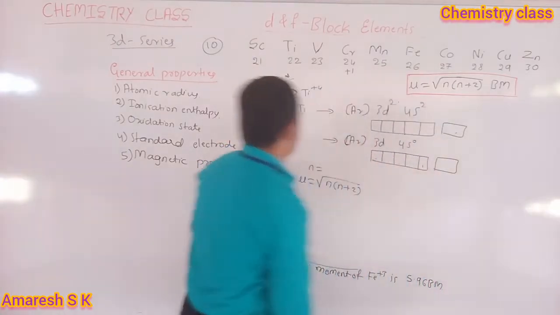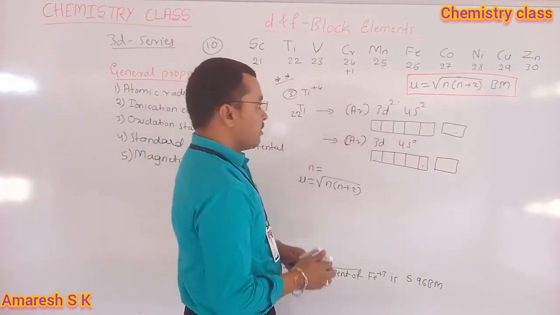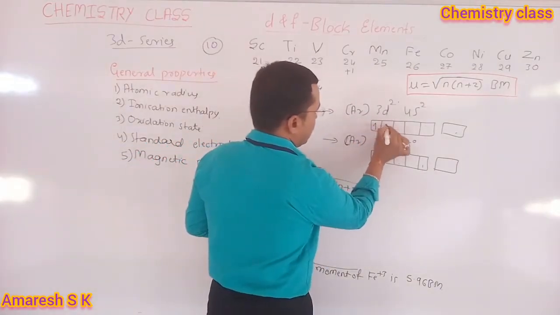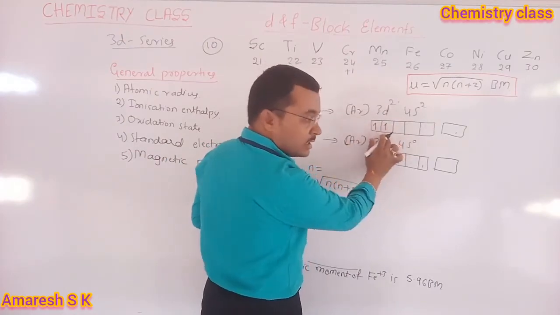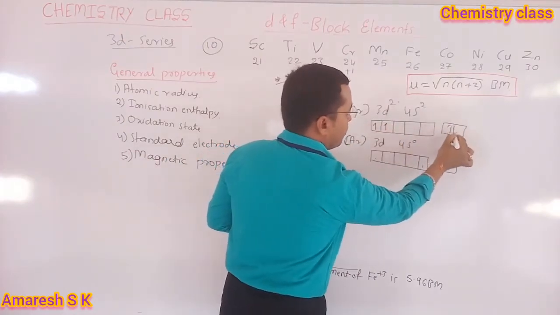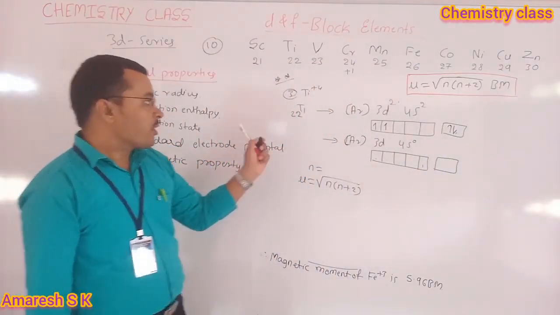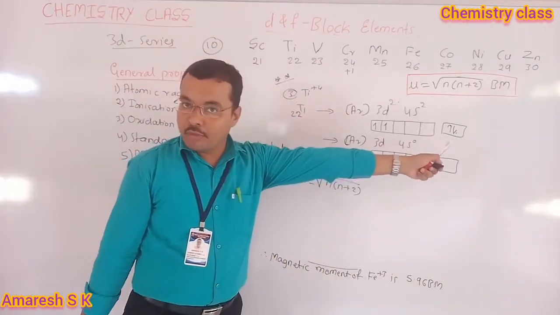This is the ground state electronic configuration of titanium. Totally 2 electrons in the 3d atomic orbital and 2 electrons in the 4s atomic orbital. Totally there are 4 electrons in the outermost shell.